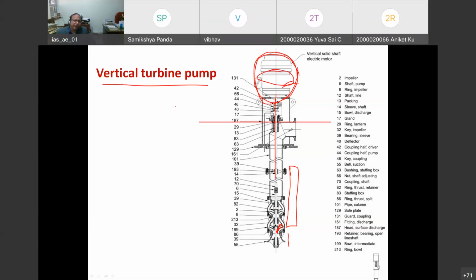Under the condition when there was no proper sealing mechanism, such a system was not possible if you wanted to keep the electrical motor below the water level. There was a good chance that if you kept the motor inside the water, there would be a short circuit in the electrical connections, and all those things would happen.